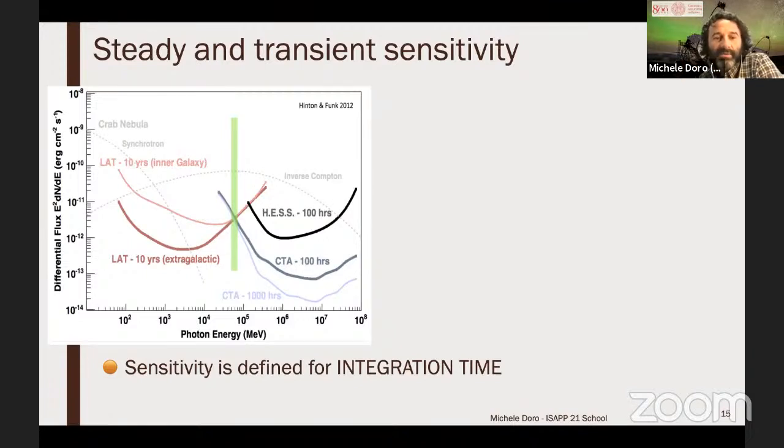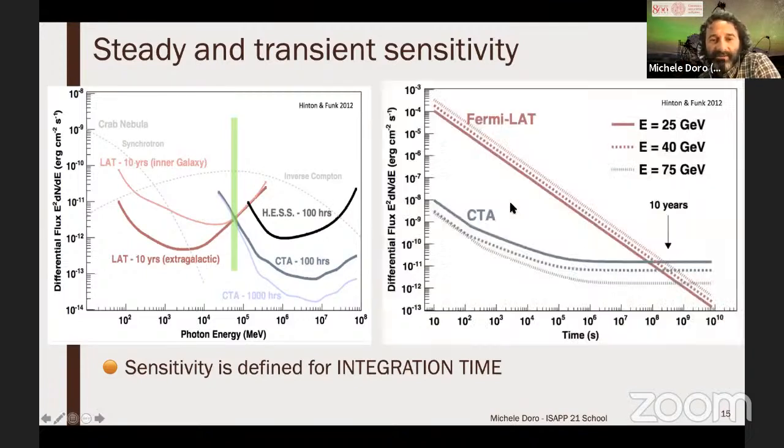Now, if you put the sensitivity as a function of the integration time, this is a very short event, just 10 seconds, and this is for many more seconds, like 10 years here. This is again the sensitivity.